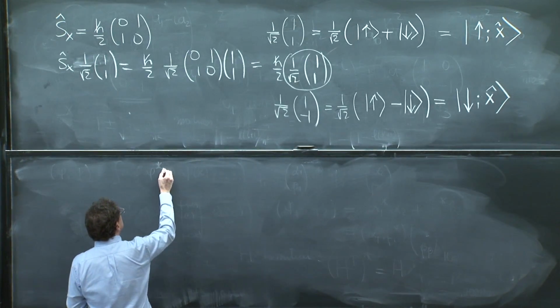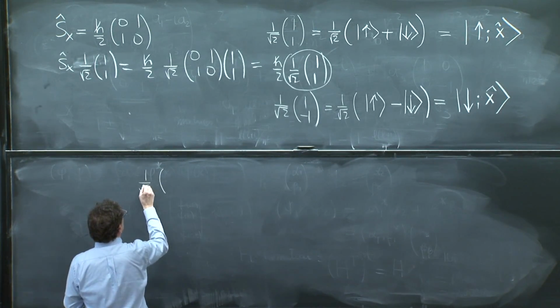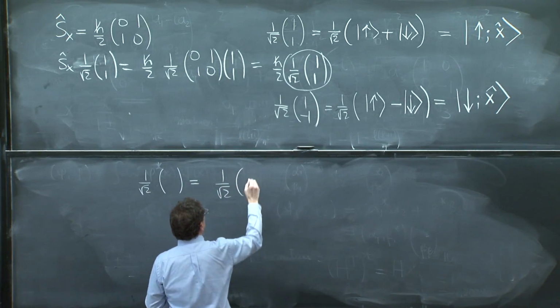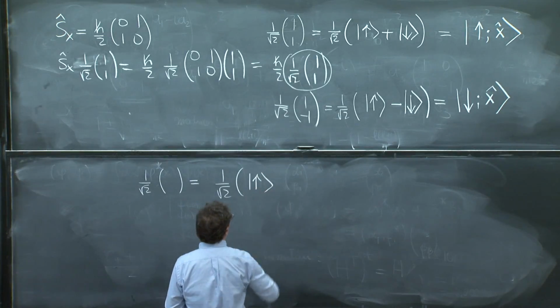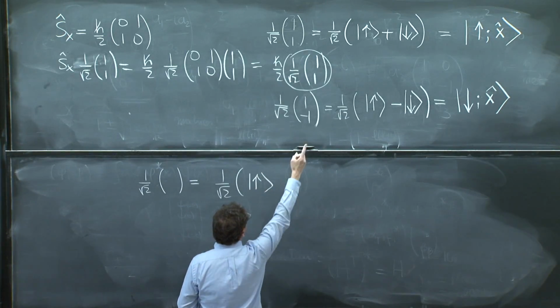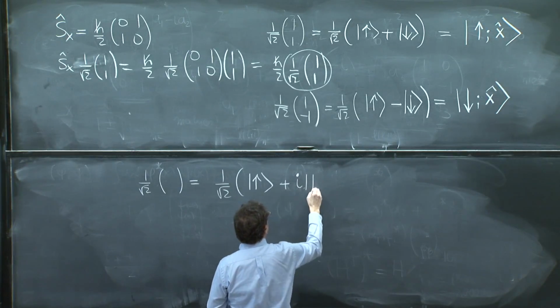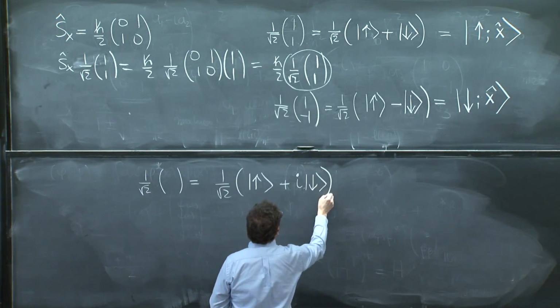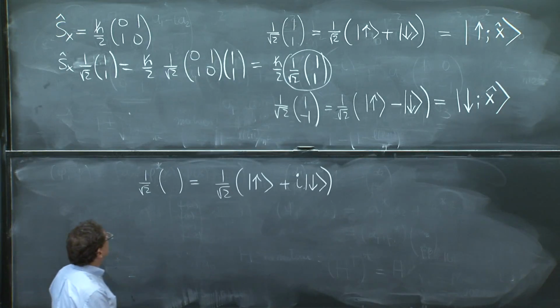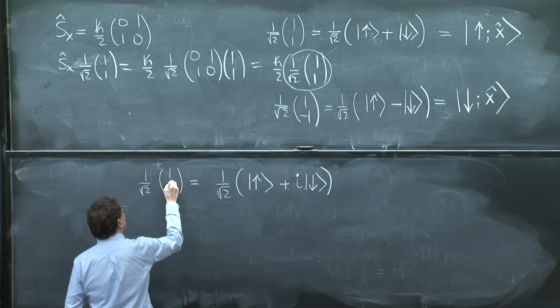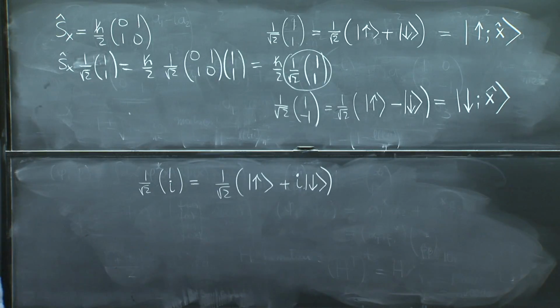We could try a state of the form 1 over square root of 2, something like this. We could try the state up, and then we've put a plus, but now we could put a plus i state down. So this would be a state of the form (1, i). And what does it do?